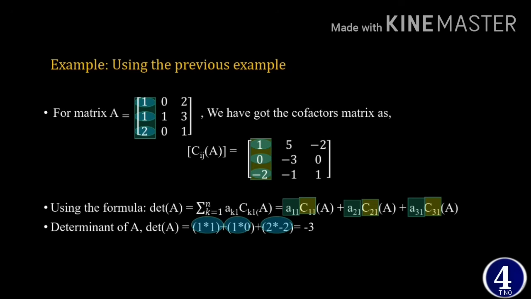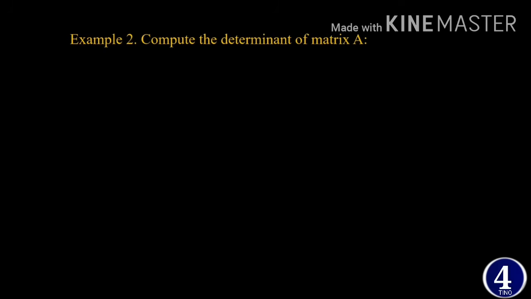Will we get a different determinant? The answer is no way. Whatever the expansion method you use, the determinant of the matrix A is the same, and you can check it.